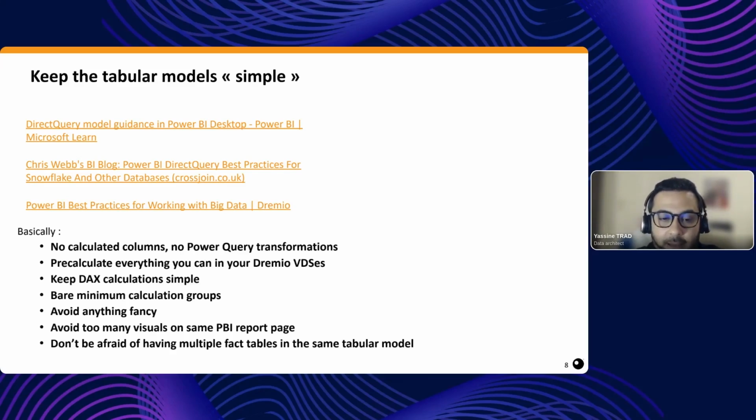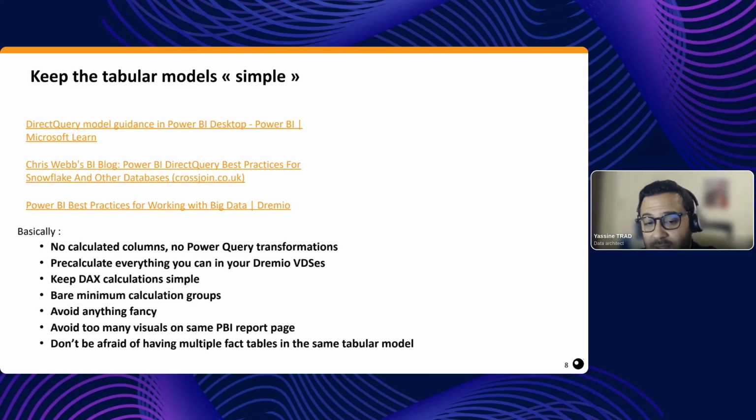So that's kind of a test and see thing, but keep that in mind. Avoid anything fancy, like a special calculation group to allow users to have a slicer to switch measures, for example. Don't do that. It's not going to be good for your performance.